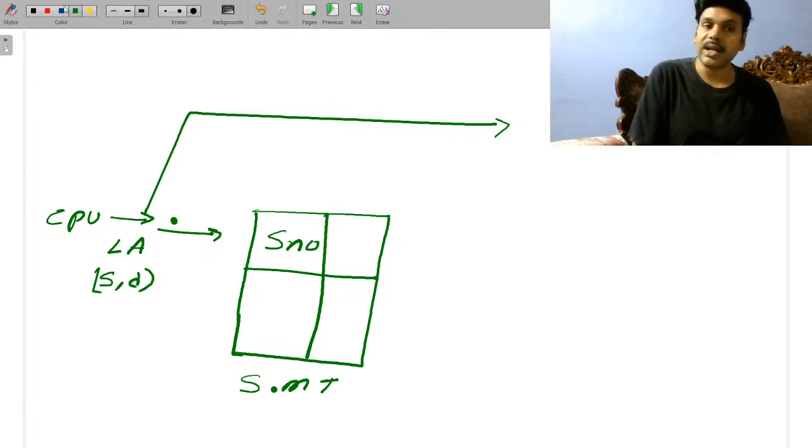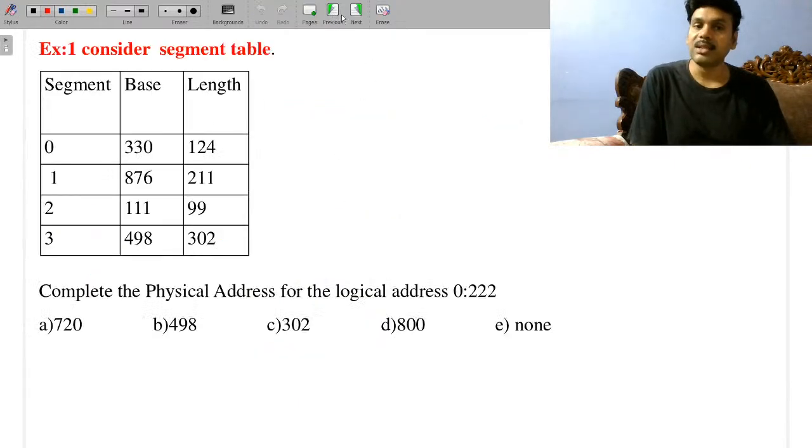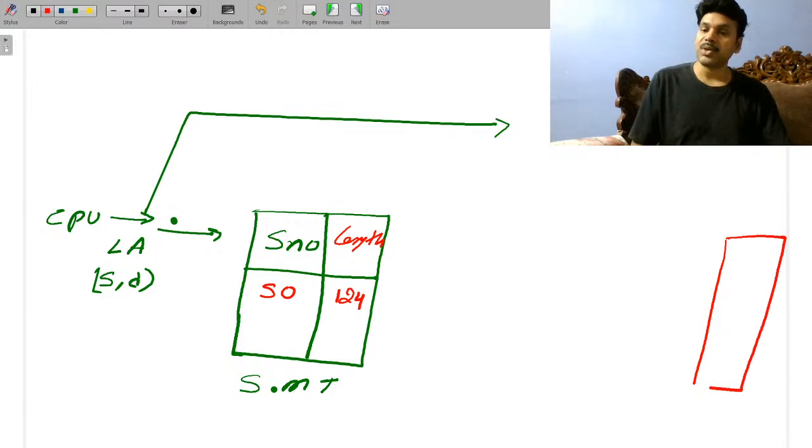If it is identified in your segment map table, let us say S0 you are requesting, and you are asking the length also, it is going to give you. The length is given as 124 only. Its maximum capacity is 124, which means in your memory it is taking only 124 bytes, or maybe kilobytes, or maybe megabytes.